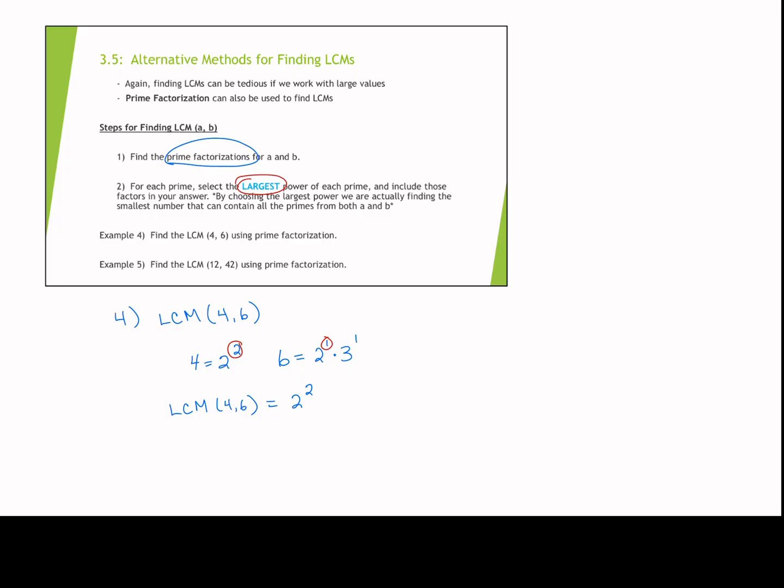Aside from that, I have a prime base of 3, and that's 3 to the power of 1. Just like we did in the previous example where we had no base of 7 in both lists, we want to make sure that we account for a base 3, but we don't want to mess around with the value of 4. So what we can do is say, imagine we take 4, break it down as 2 squared, but if you'd like, you can also say that's multiplied by 3 to the power of 0.